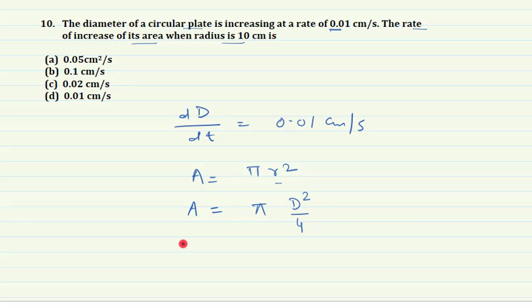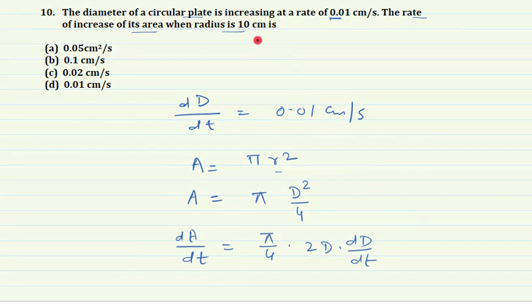Okay. Now calculating dA by dt. dA by dt is equal to pi by 4 into 2D into dD by dt. Now clearly the radius is given as 10 centimeter, so the diameter will be 20 over here, and dD by dt is given to you as this.